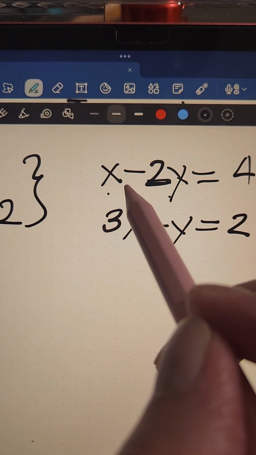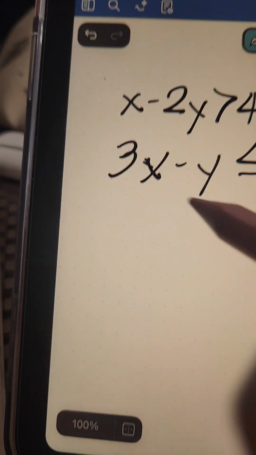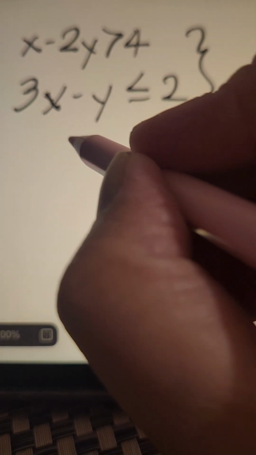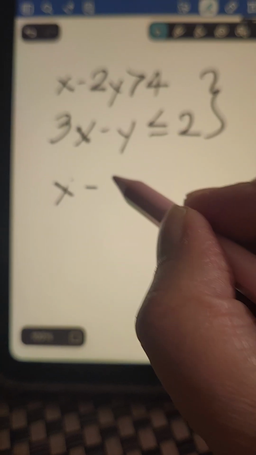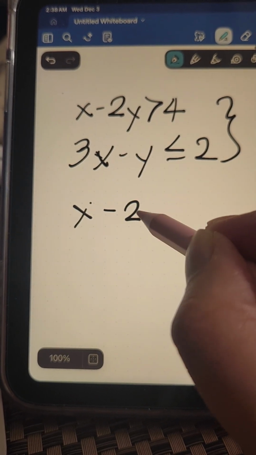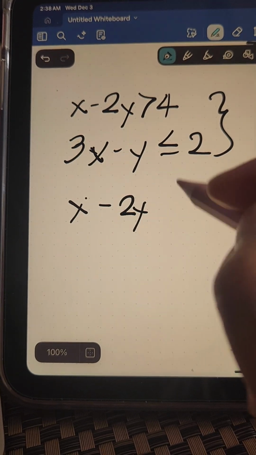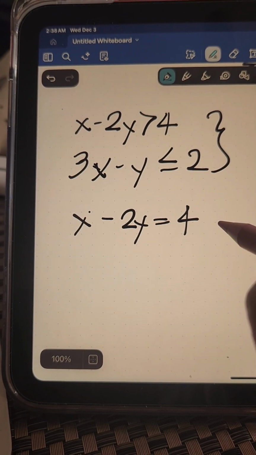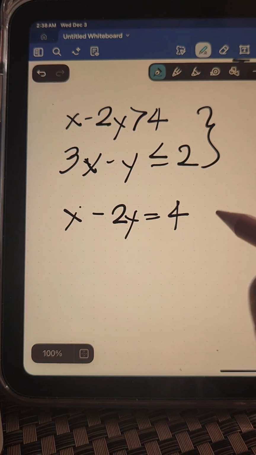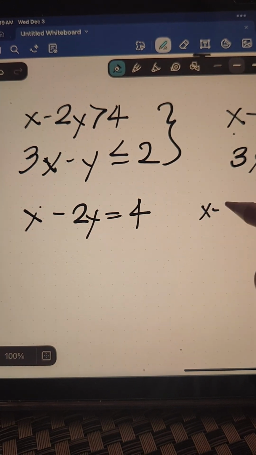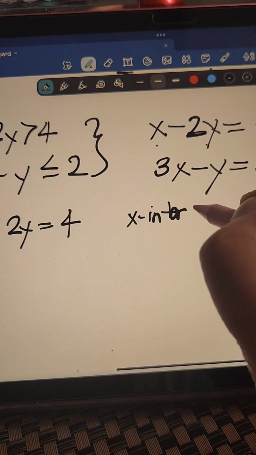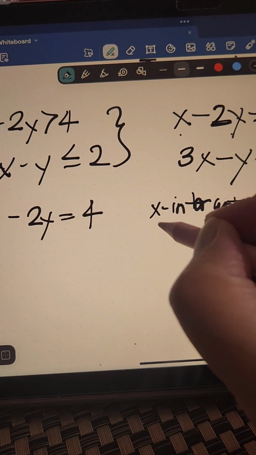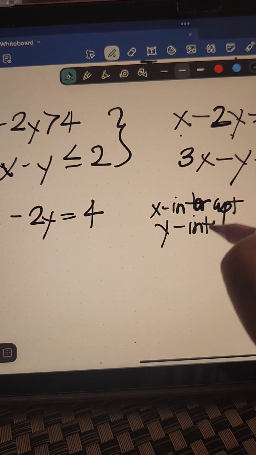So let's take for example this equation, no? So let's take yung kanina, x minus 2y equals 4. Now, kapag nag-solve tayo ng x and y intercept, so ito siya, x intercept and yung ating y intercept.